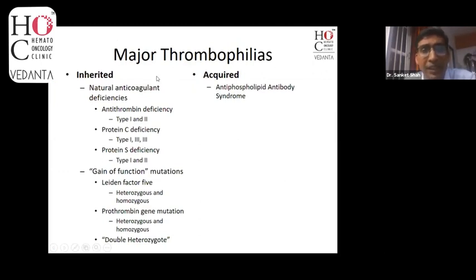The remaining major thrombophilias can be inherited or acquired. There is only a single acquired thrombophilia, which is APS, and the remaining are all inherited. It can be due to natural anticoagulant deficiency or gain of function mutation. We will discuss each condition one by one briefly, and their laboratory testing, followed by a generalized approach for all the patients.